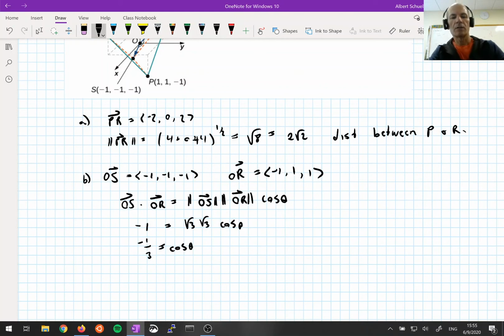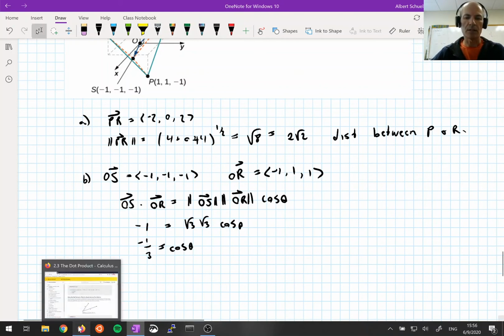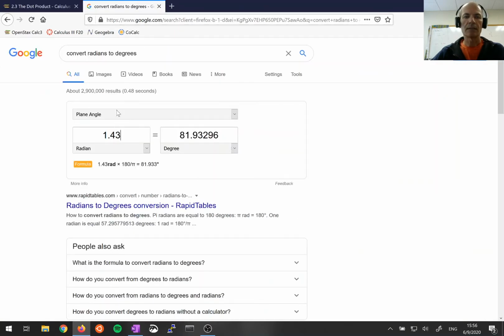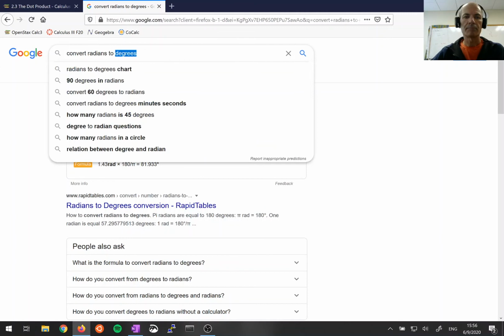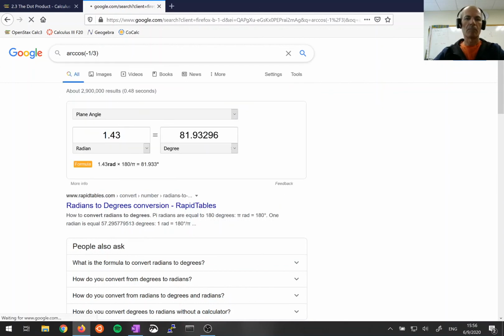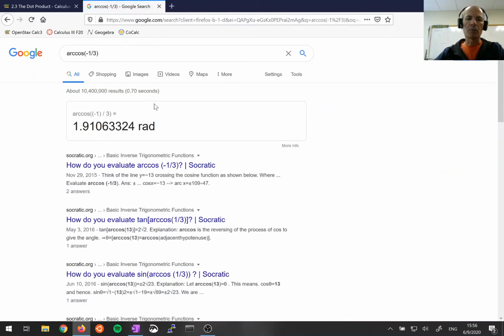And then we can go to Google or grab your calculator and figure out what the arc cosine of -1/3 is. Let's do that really quickly. So that's 1.91 radians.